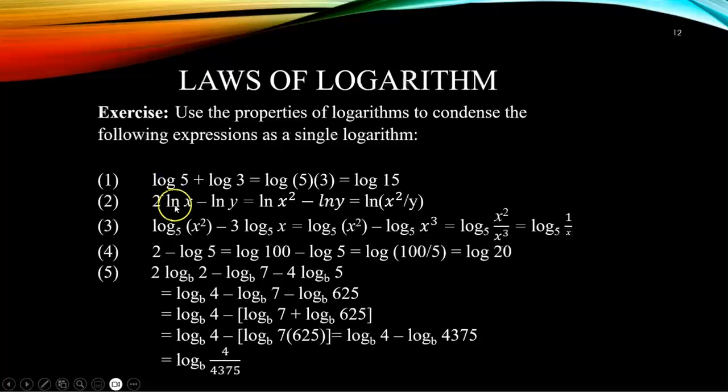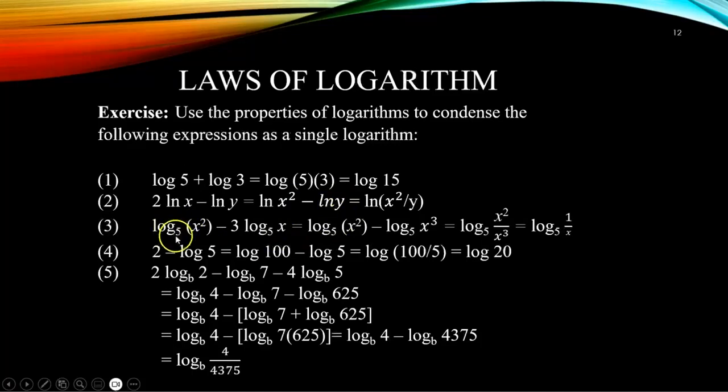In here, 2 ln of x minus ln y, first you can raise this to the second power. So ln of x squared minus ln of y. Since there's a minus, the first term becomes the numerator over the denominator. But do take note that the square only affects x squared and not the y.